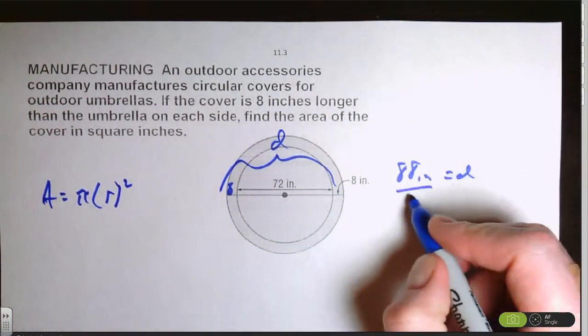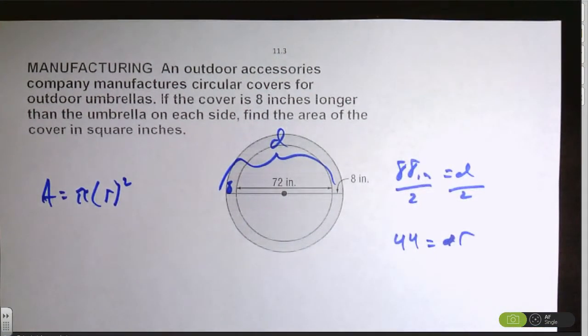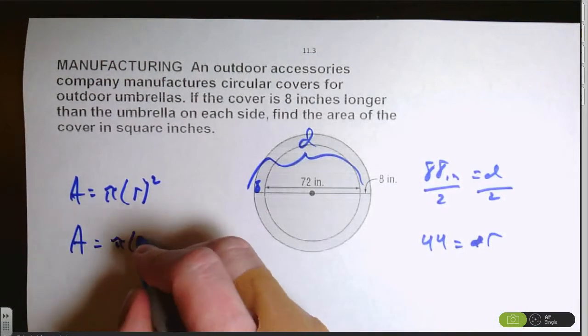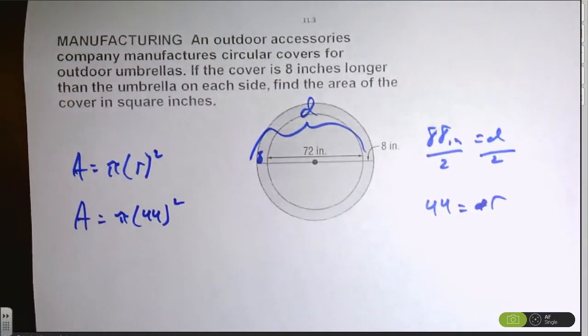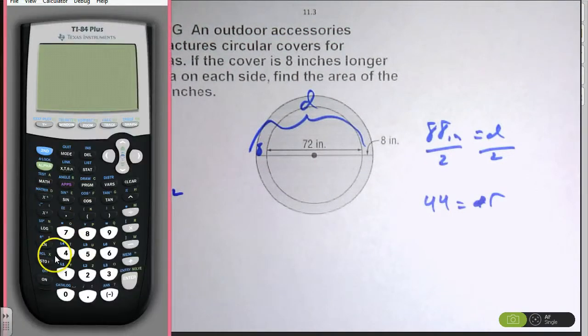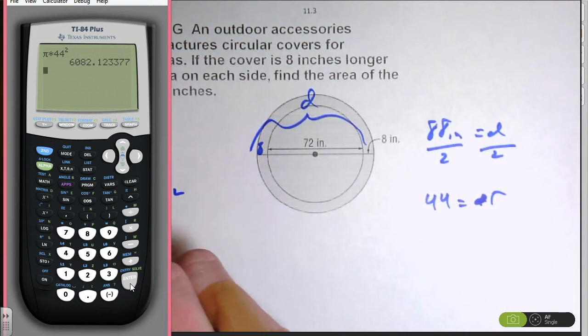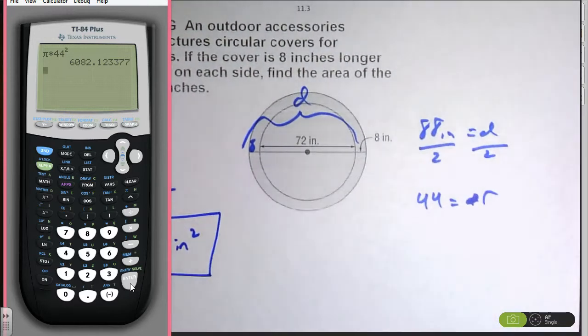Area is pi times r squared, so I need the radius. I need to divide that by 2 to get the radius, so 44 is the radius. So area equals pi times 44 squared. That's the exact answer, in square inches. So let's get our calculators out. Pi times 44 squared is 6,082.1.